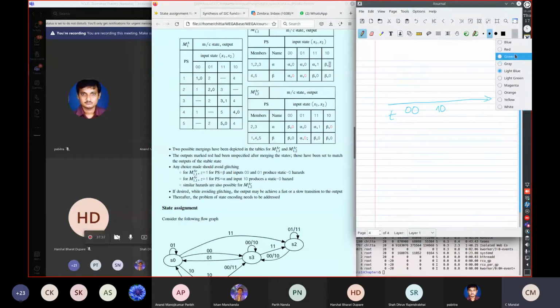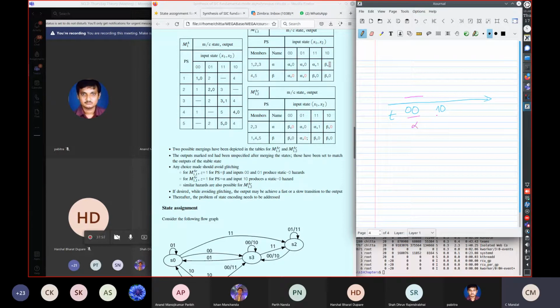So what is the output? You know that your stable output for state alpha, when the input is 0, 0, is 0.